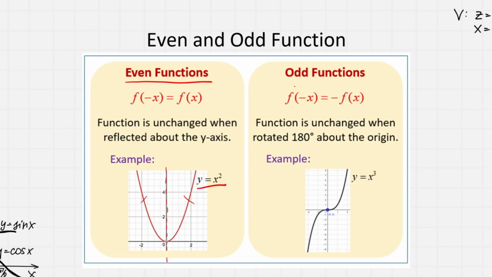However, in an odd function, if you graph an odd function and cut it into two proportionally, you can see that the graph of an odd function is also mirrored, but it is rotated 180 degrees.